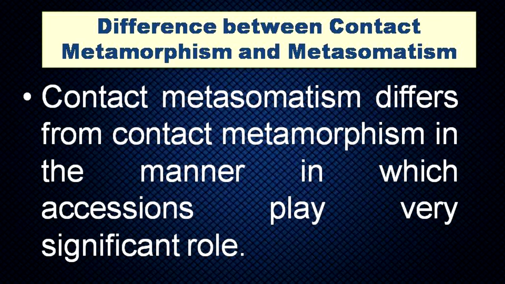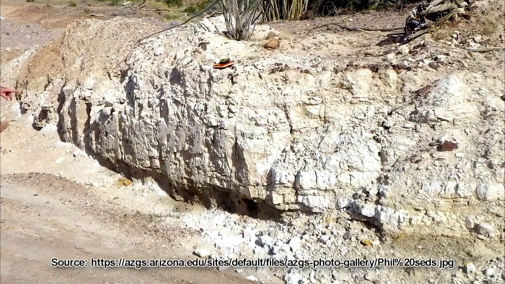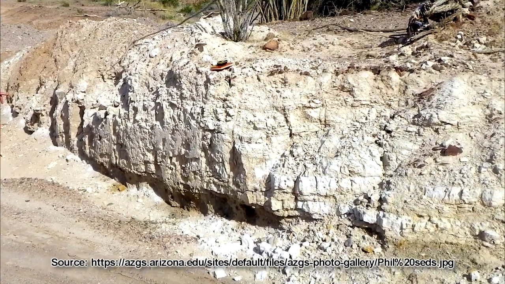Now, let us see what is the difference between metamorphism and metasomatism. Contact metasomatism differs from contact metamorphism in the manner in which emanations play a very significant role. Point number 2, magmatic emanations are highly charged with metals and form contact metasomatic deposits, particularly in calcareous rocks.